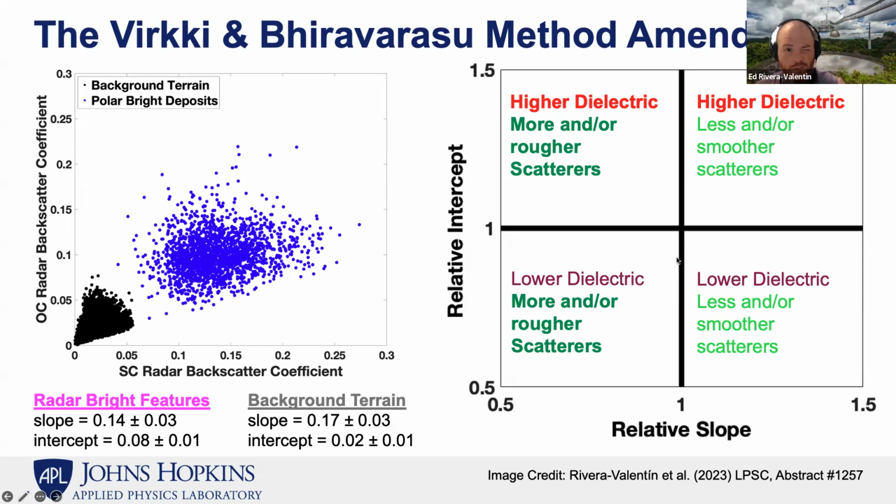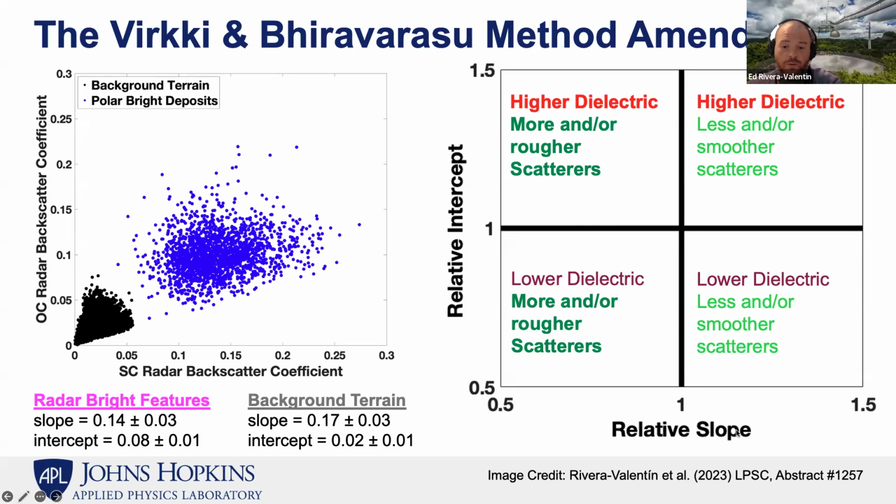So we can start generating this quad chart where if your intercept ratio is greater than 1, once you ratio those two terrains, then the terrain you're looking at likely has a higher dielectric permittivity than the control terrain.